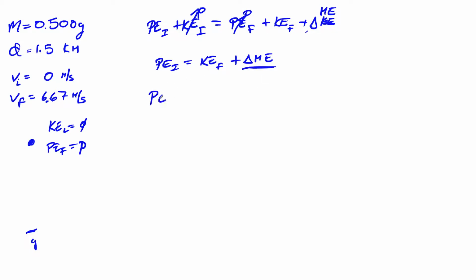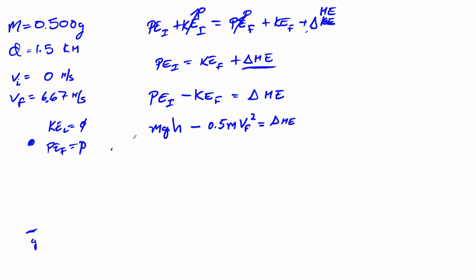So PEi minus KEf is equal to the change in mechanical energy. That's mgh minus 0.5 m v final squared, equal to the change in mechanical energy.